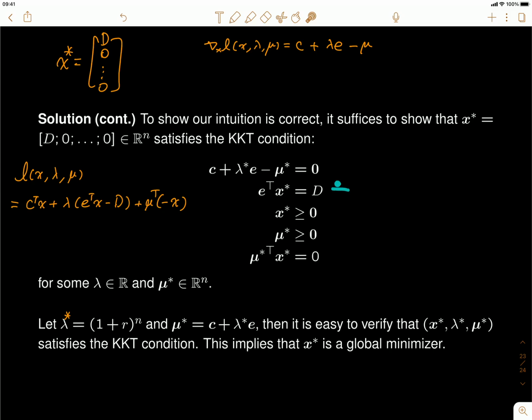First of all, these two can be easily checked, because x star is a feasible point. So these two are okay. Mu star is set to be this.